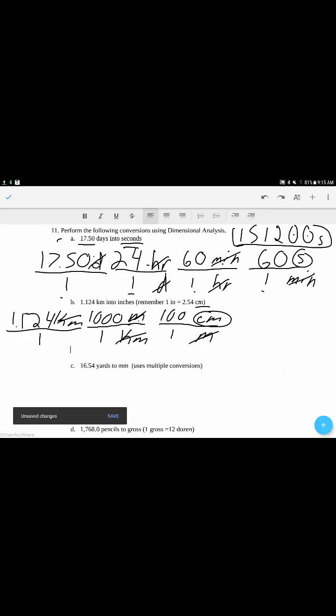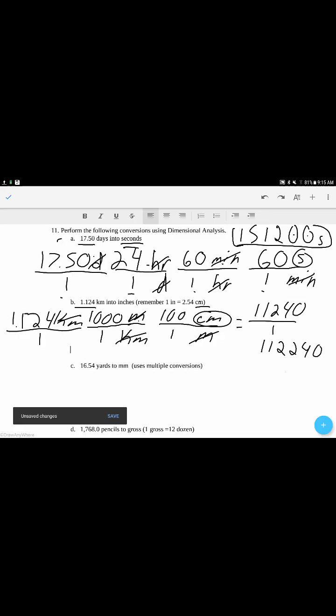So now we do our math. 1.124 times 1,000 times 100, and we get 11240, again over 1, which is just going to be 11240, and again we have 4 sig figs, so our answer should have 4 sig figs, so our final answer is 11240.